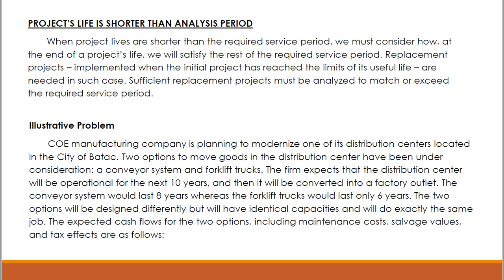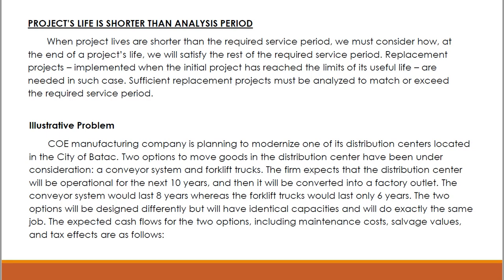And then it will be converted into a factory outlet. The conveyor system would last 8 years, whereas the forklift trucks would last only 6 years. Okay? So the two options will be designed differently, but will have identical capacities and will do exactly the same job.